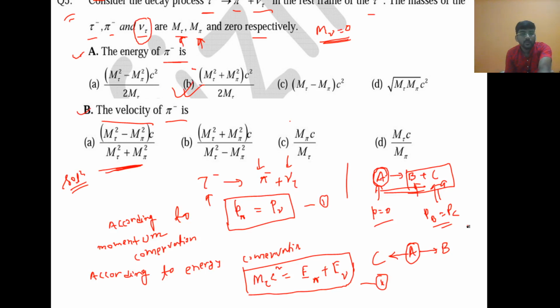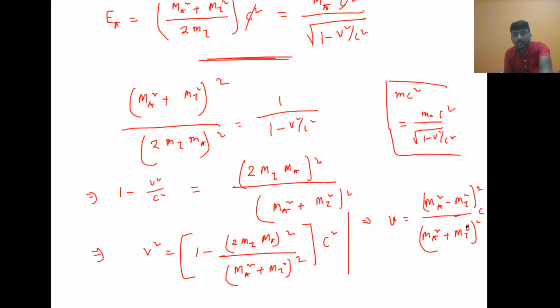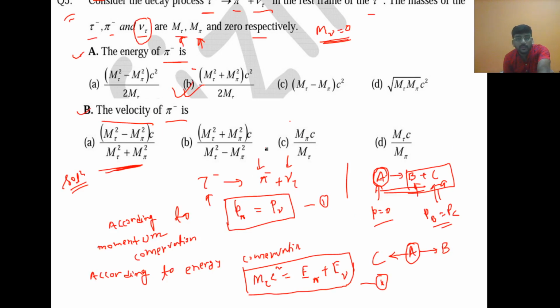I think the whole square will not be there, because we will take the square root of v. So it will be m pi square minus m tau square divided by m pi square plus m tau square into c. So A will be the correct answer.